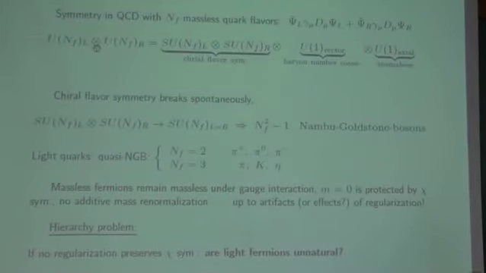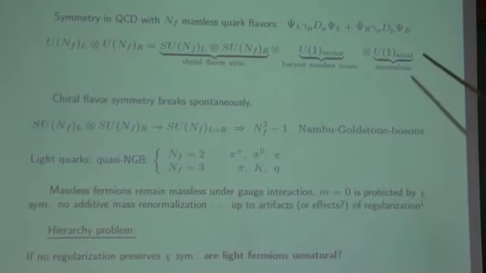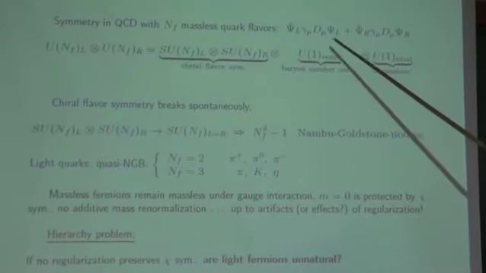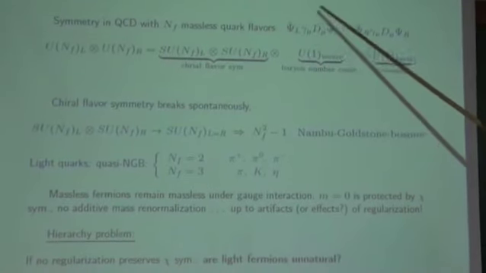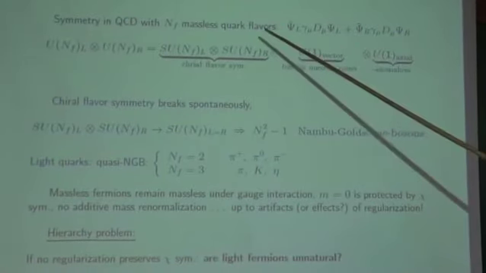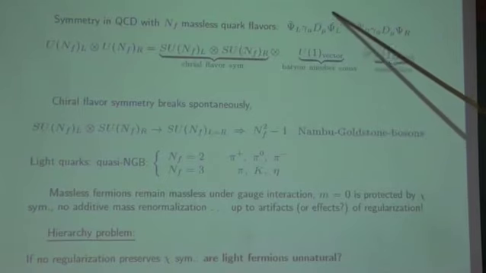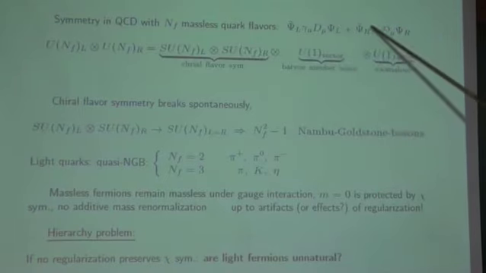Now, if we have QCD with NF, let's say, massless quarks, so we have this structure. This is massless, so this is the set of left-handed and right-handed quarks, all the flavors are included here and here.